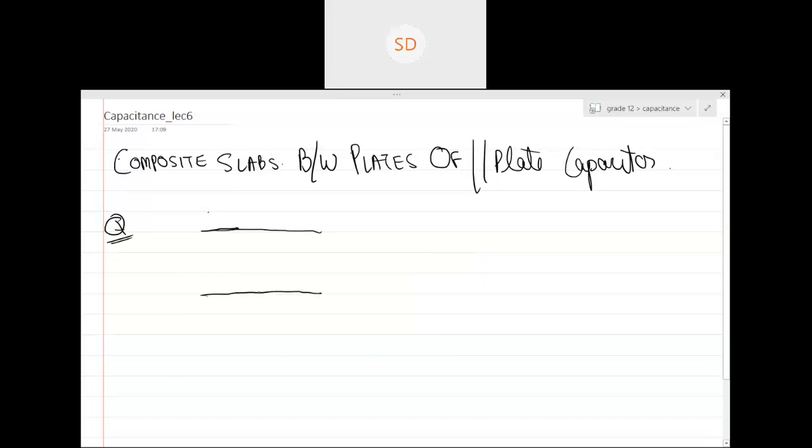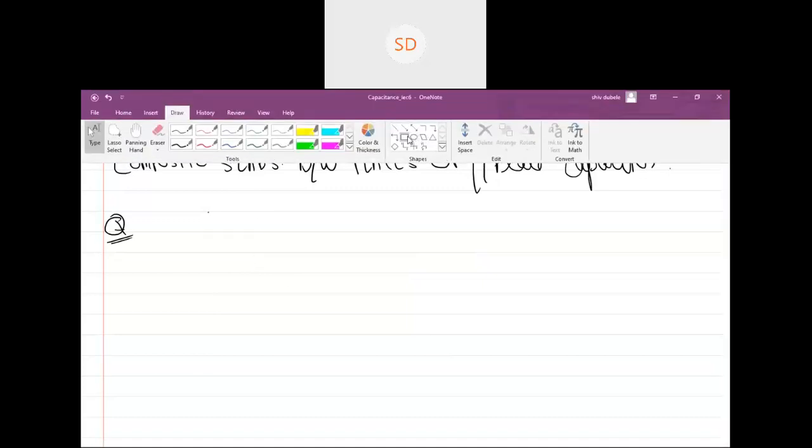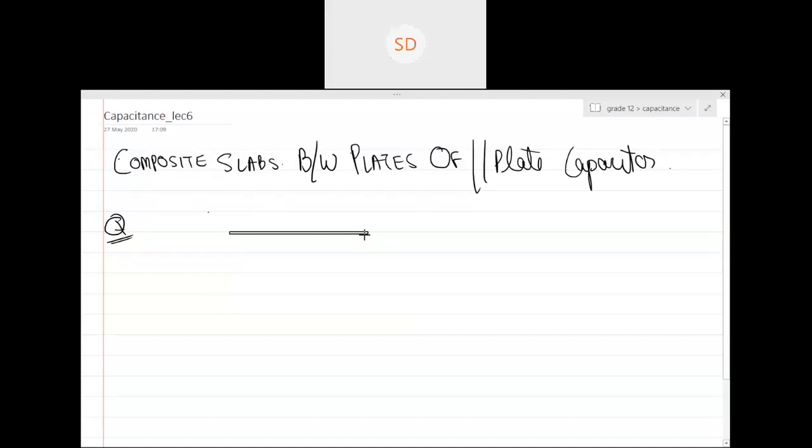And now, please remember, these are the plates. Accordingly, we'll draw. This is A1, this is A2, this is A3, this is A1, this is A2.